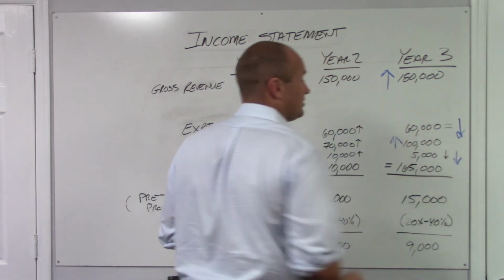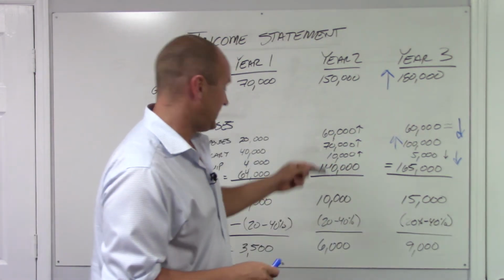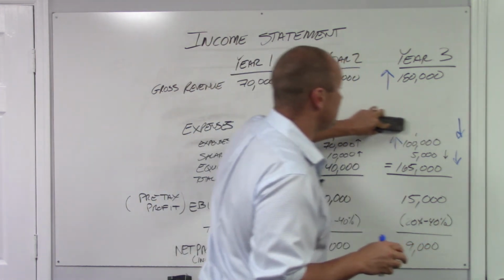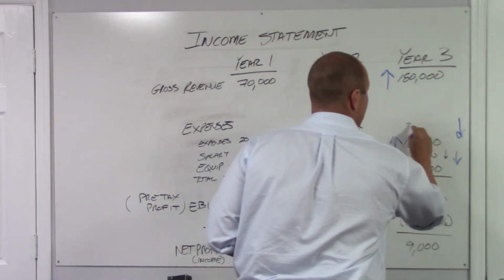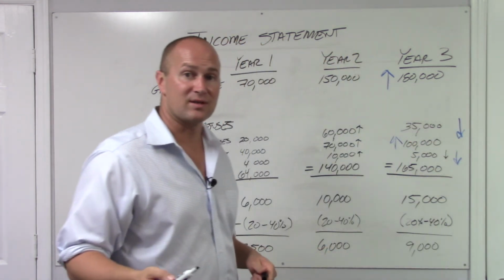And then it's up to you to decide how much you want to increase your own salary, because if you could be efficient and run your business in your new location at like $30,000 or $35,000, guess who's going to get the rest of that money?